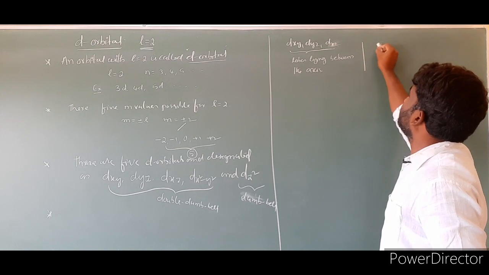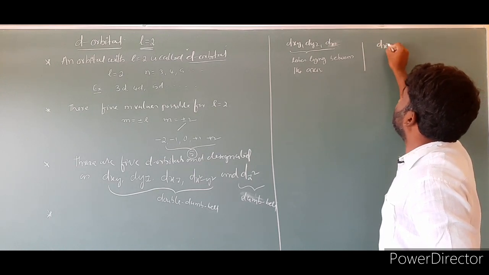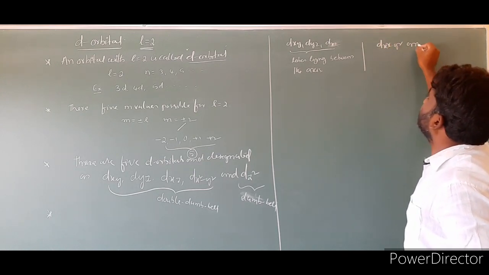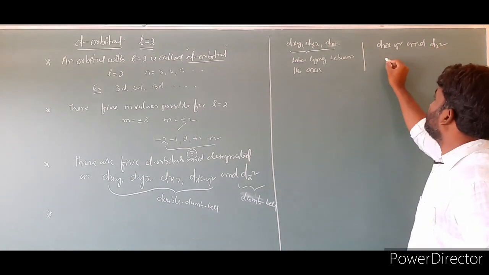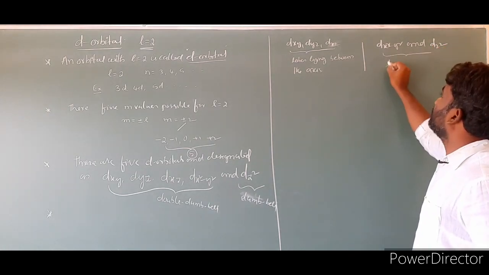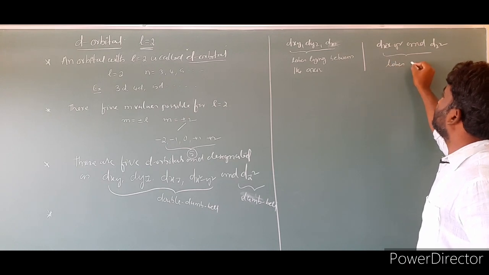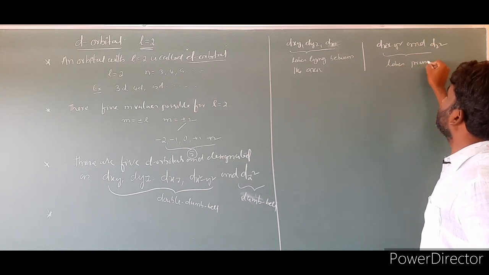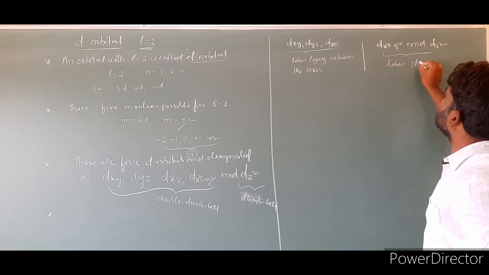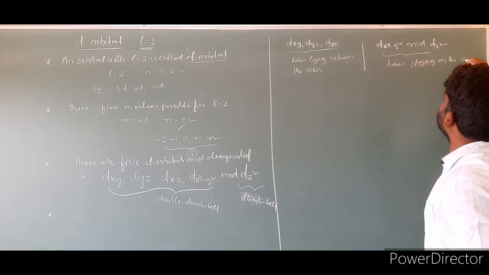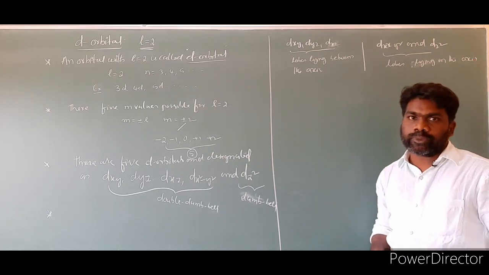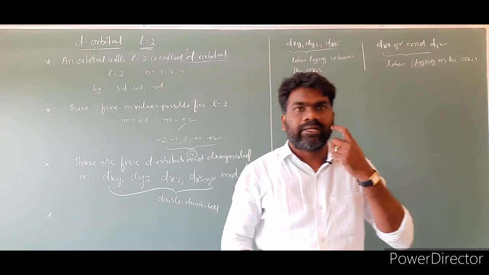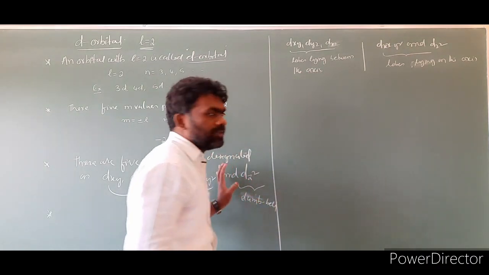In the case of dx square minus y square and dz square, in these two cases, lobes are lying on the axes. Lobes lying between the axes, lobes lying on the axes, you will understand by drawing the shapes of these orbitals.